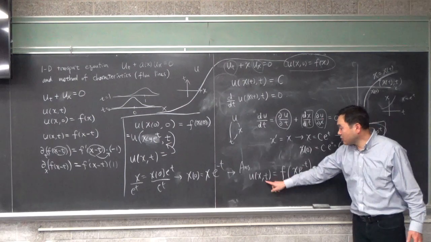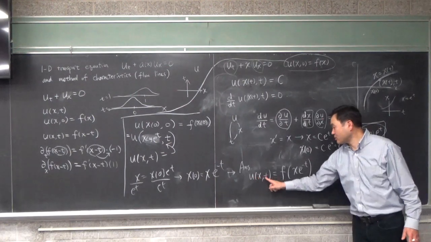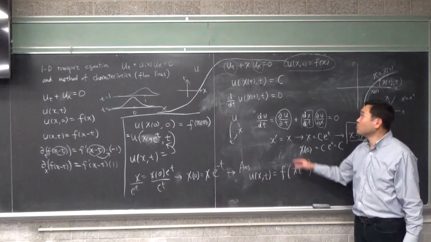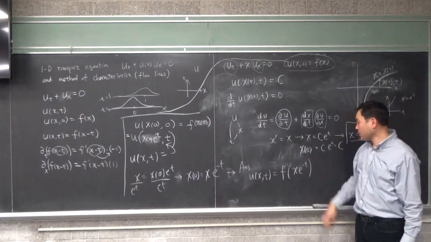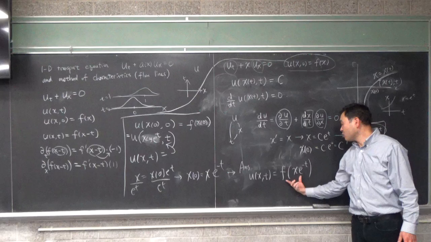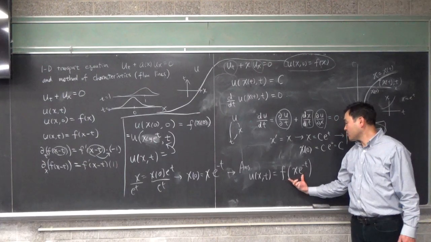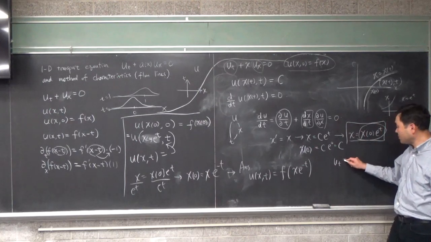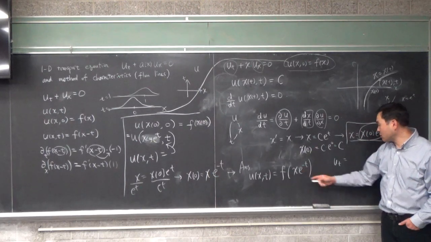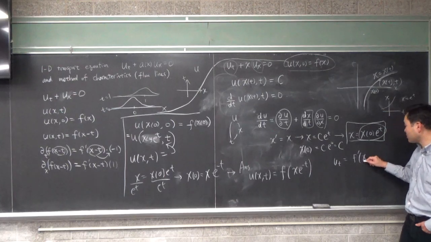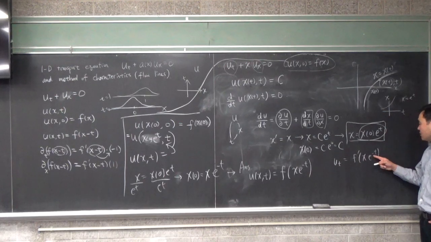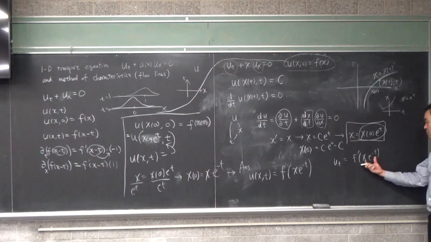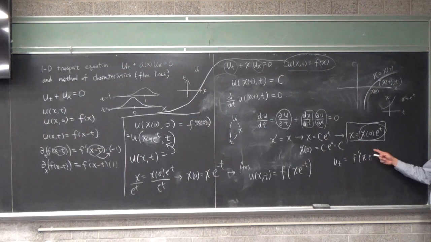Let's check. If you plug in 0, what do you get? You get u of x, 0 equals f of x, which recovers this, right? And then if you took the derivative with respect to t, u_t, by the chain rule, this is f prime of x times e to the negative t, and then this has to come outside by the chain rule, and differentiating this by t gives you negative x e to the negative t as a multiplication.